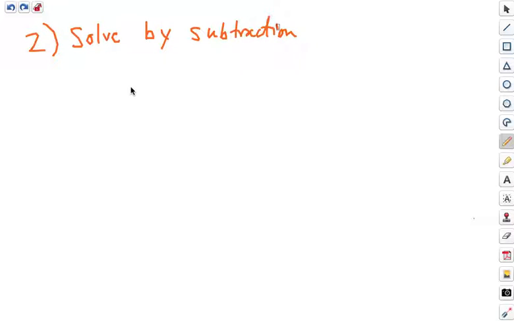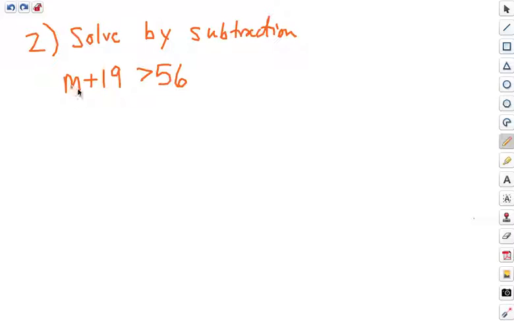Our second way of solving inequalities is to solve by subtraction. So let's take a look at that now. So our first example, we have m plus 19 is greater than 56.